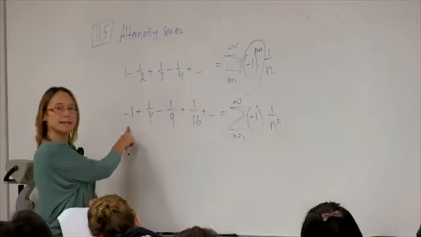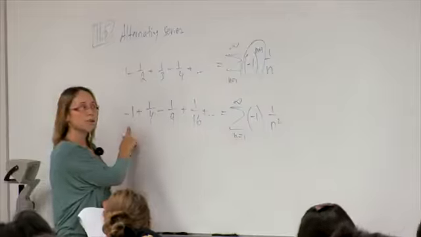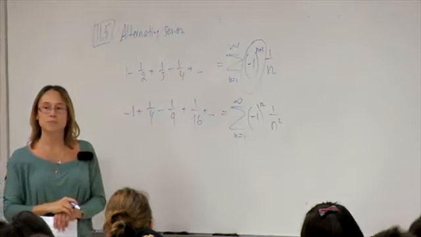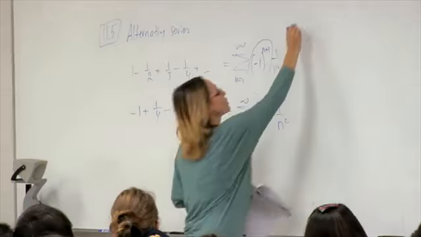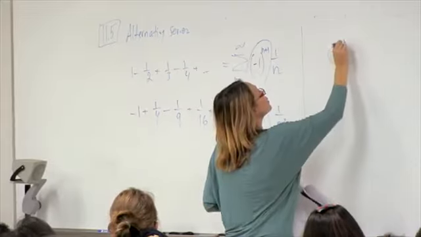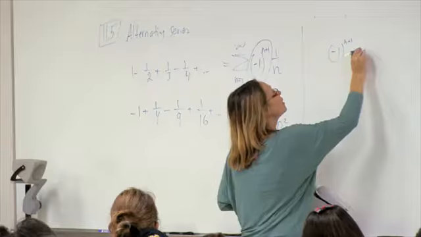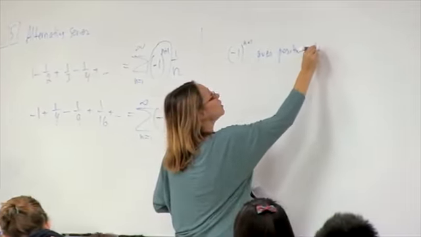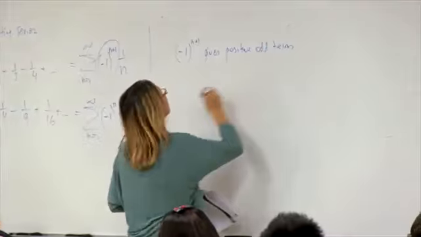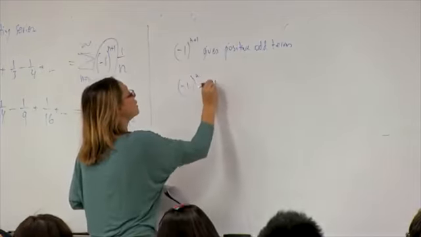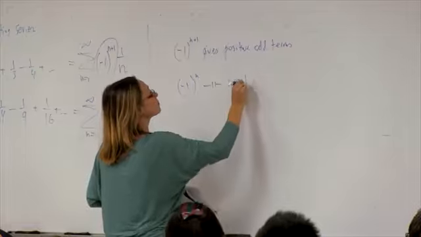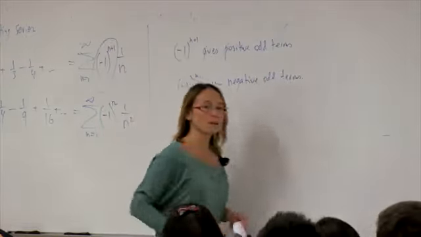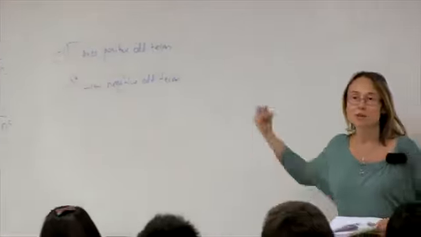The first one is negative, so the even ones have a positive sign, and it's minus 1 to the n. So let me summarize it here. Minus 1 to n plus 1 gives positive odd terms. And minus 1 to the n gives negative odd terms. So depending on where you start, you use the right one.